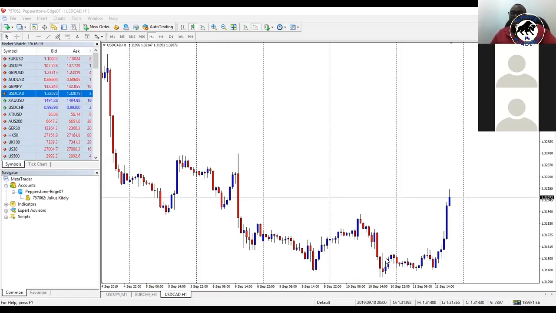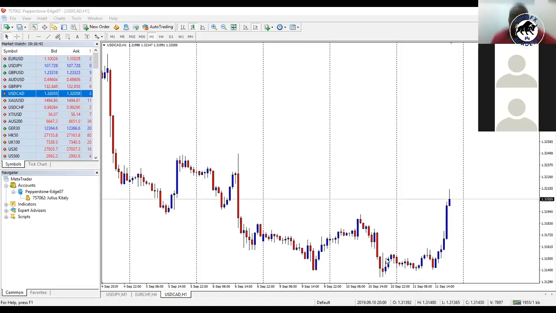And after identifying support and resistance, we move another step ahead: how to draw support and resistance lines. So number one, we learn practically how you can identify support and resistance, and number two, how to draw support and resistance lines. Those are the two things that we need to cover in the first part.